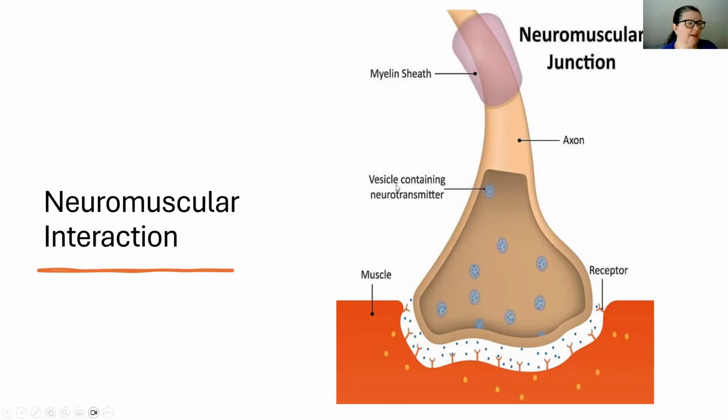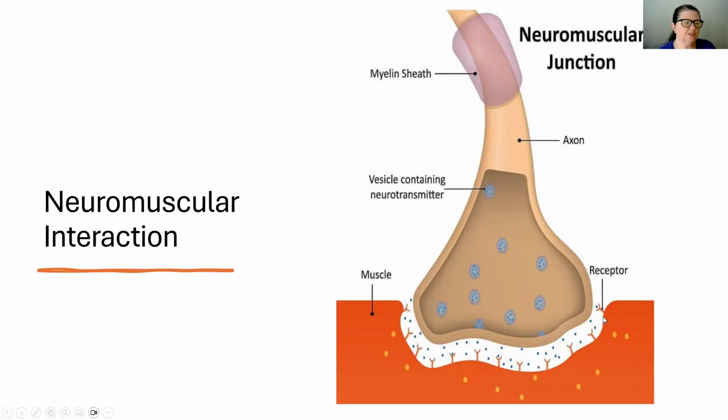And these little vesicles contain those neurotransmitters in the end of the axon. The axon, again, is the long, in most cases, part of the nerve cell where these action potentials are sent out. Once those vesicles come out of the end of the axon and release all of those neurotransmitters, they find their receptors, as you can see right here.